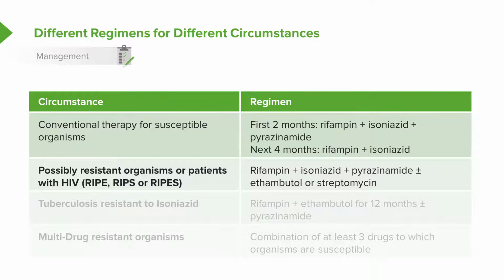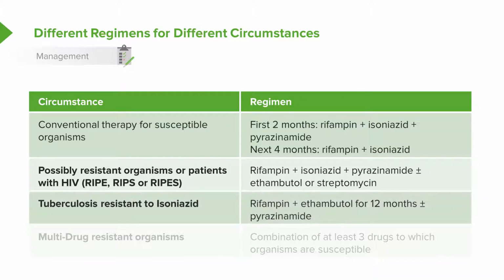However, if there's a possibility of resistant organisms, or your patient has HIV, we're going to do one of 3 regimens, RIPE, RIPS, or RIPES. That just tells you which drugs are being used. Generally, it's rifampin, isoniazid, pyrazinamide, plus minus ethambutol or streptomycin, depending on what's going on in your community.